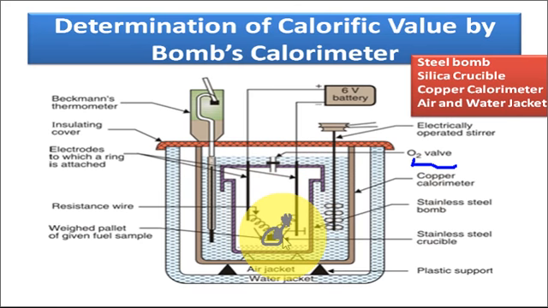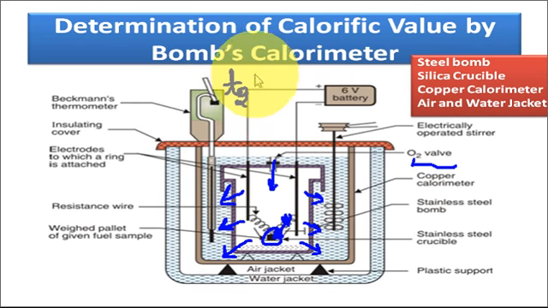As the fuel gets its ignition temperature and oxygen is already supplied, the fuel starts its combustion reaction, and the heat energy evolved by this combustion reaction is passed through the steel bomb to the copper calorimeter. The water in the copper calorimeter is heated, and we note down the final temperature T2 degree centigrade. So this is the brief process.